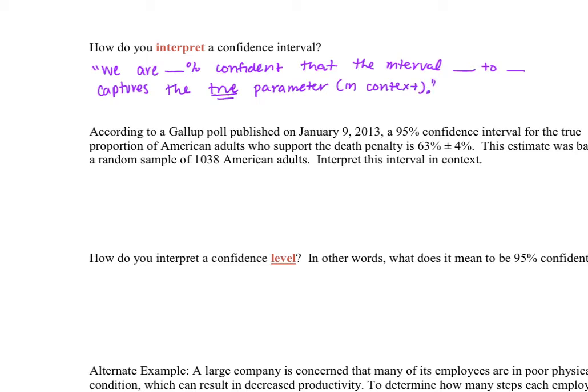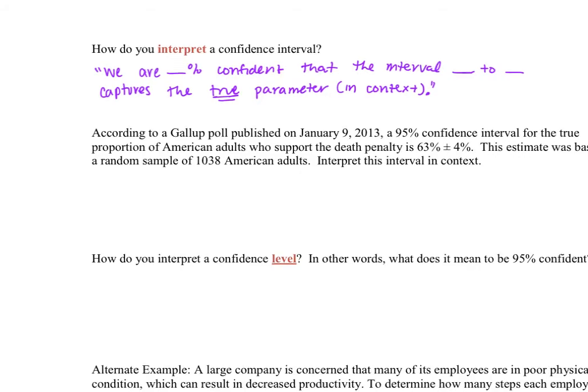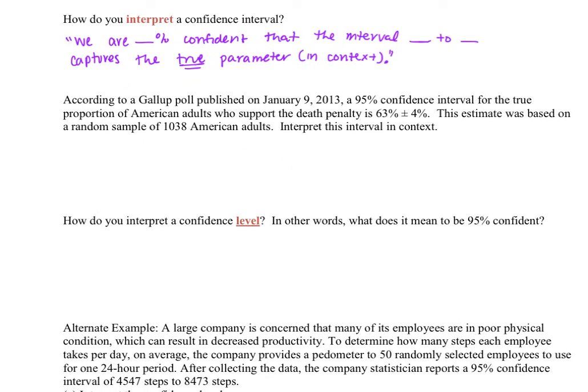So let's look at this example here. You've got a poll that said the proportion of Americans who support the death penalty is 63% plus or minus 4%. So it's 0.63 plus or minus 0.04. So my interval is 0.59 to 0.67. So between 59 and 67% of Americans support the death penalty, and we are 95% confident of that.